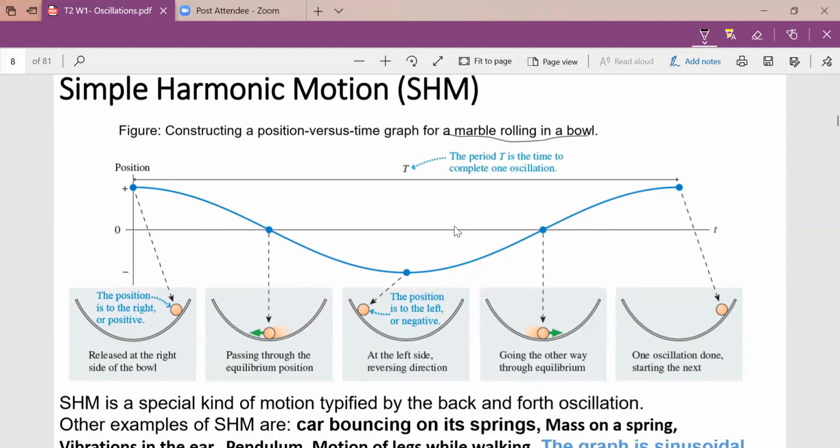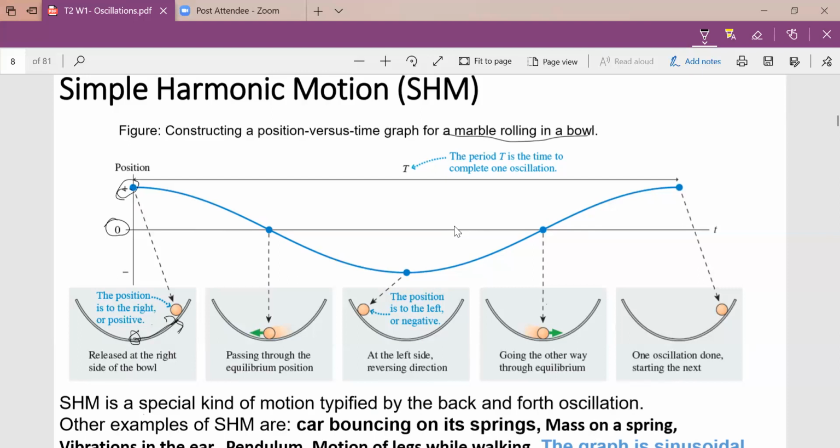Now, if we plot the several positions of that ball on a graph, remember the ball was at rest here and it was tilted to this maximum position at a particular distance. If you plot the position graph, it started from rest point 0. Tilting to the right means positive and tilting to the left is negative. So that's how we know that the ball is at the positive position here.